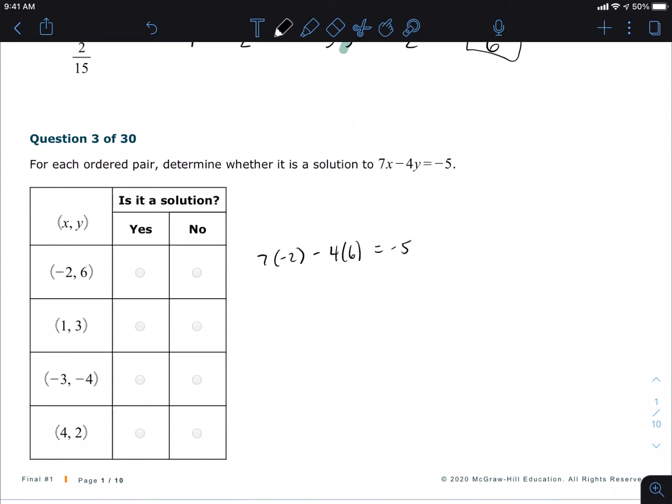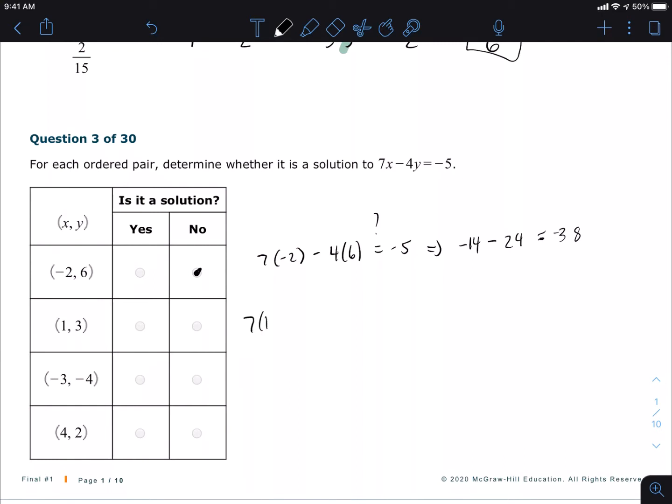Is that equal to a negative 5? It doesn't look like it, right? Because a negative and negative is going to be added up. So it's a negative 14 minus 24. But that's going to be a negative 38. Excuse me. So this one's clearly a no.